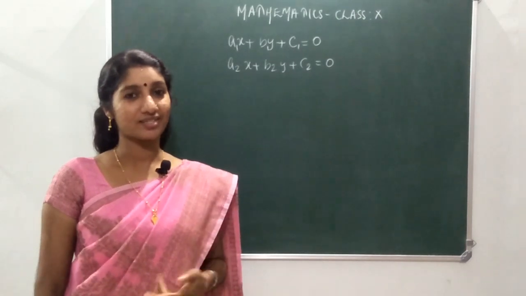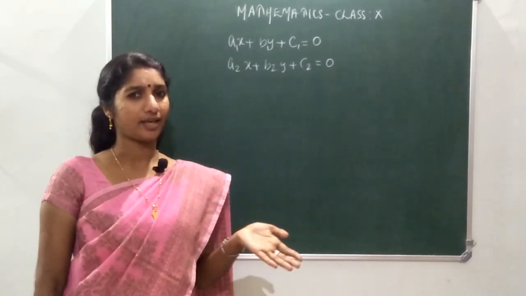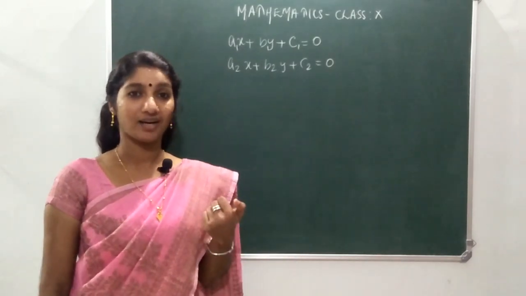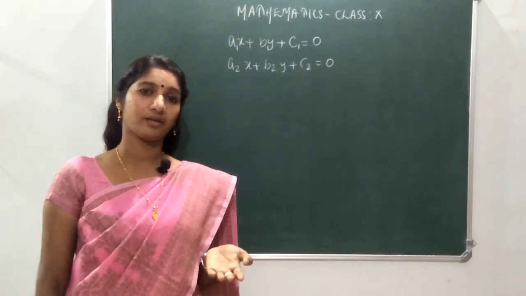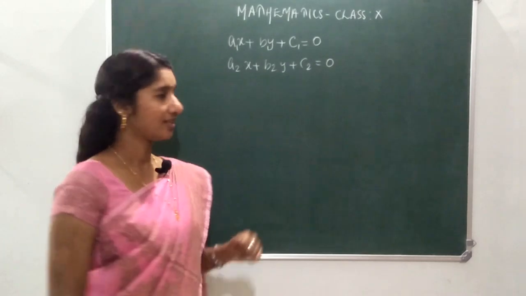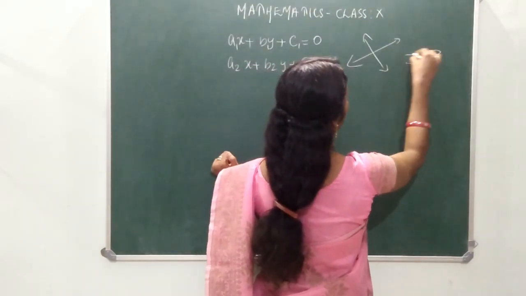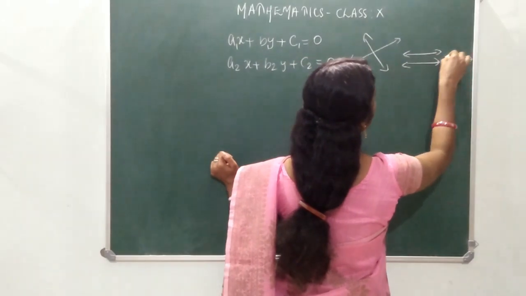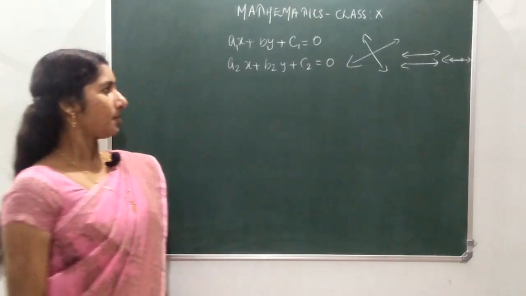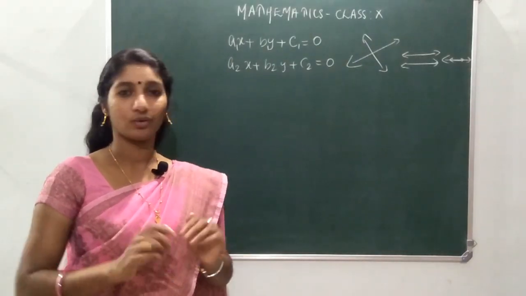So, how many straight lines are we getting? Two straight lines, and we discussed how the lines may intersect, or may be parallel lines or coincident lines. Two lines may intersect each other, be parallel to each other, or coincide with each other. Clear? By drawing the graph, we will understand whether they intersect, are parallel or coincide.